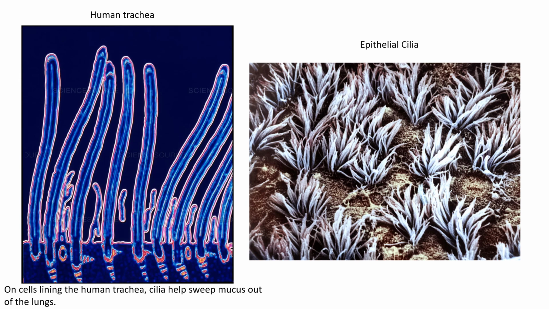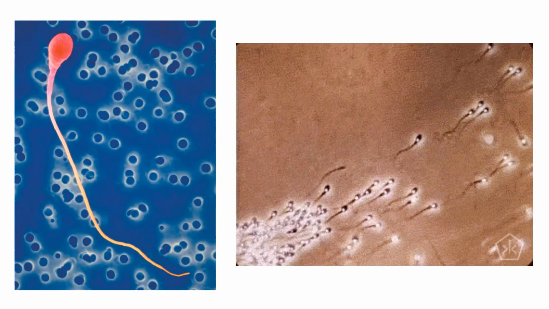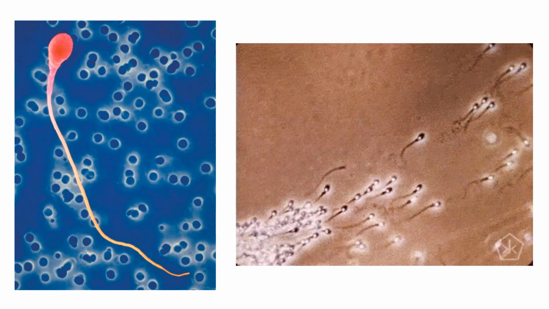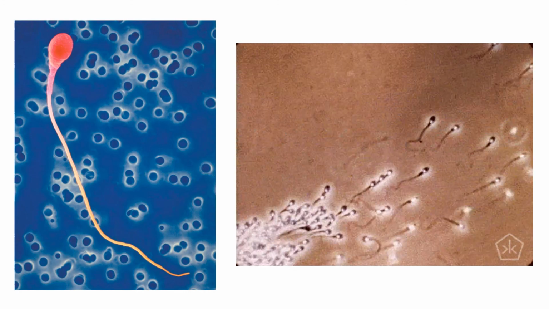Here is the human trachea, and these are some of the cilia that are going to help sweep the mucus out of the lungs, and these are some epithelial cilia. I think specifically this is in the uterus. Okay, and here are some sperm. You can see their tails that allow them to swim, and so these are flagella.